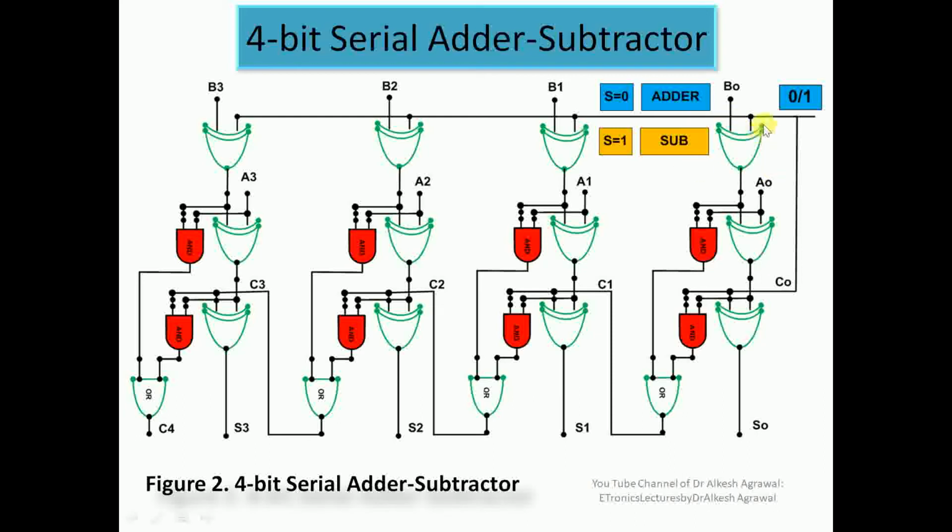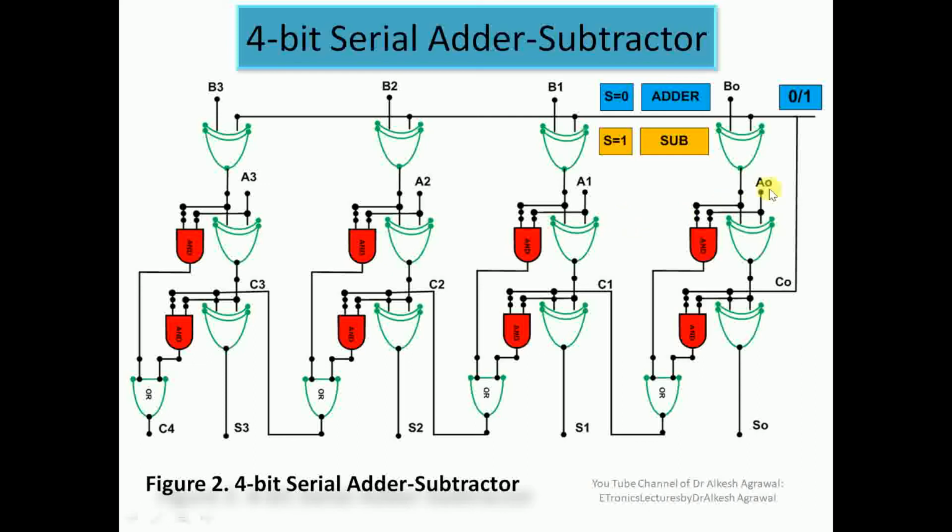We are making use of this exclusive OR gate because we know that when any input is exclusively ORed with 0, we get the same value, but any value which is exclusively ORed with 1, we get the complement of that value.